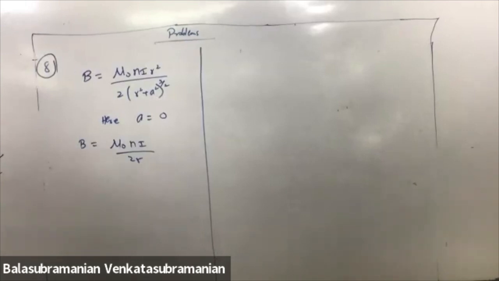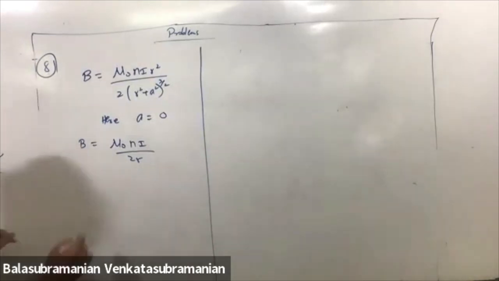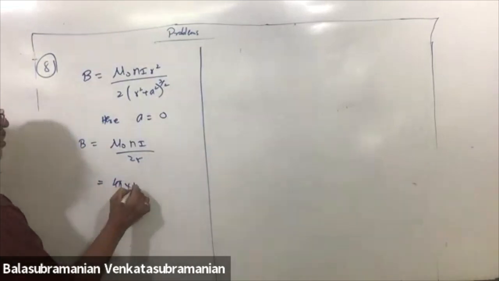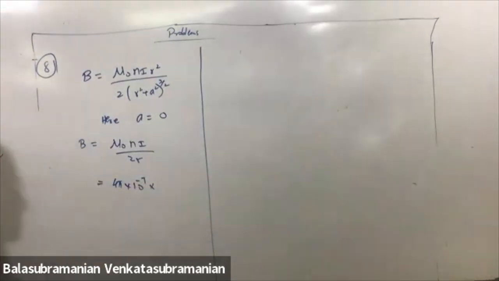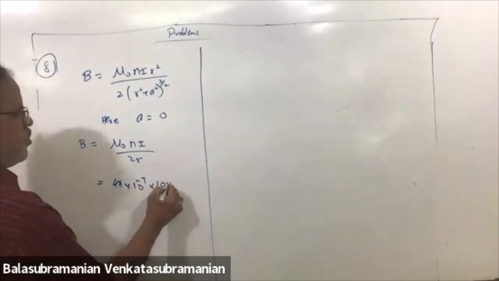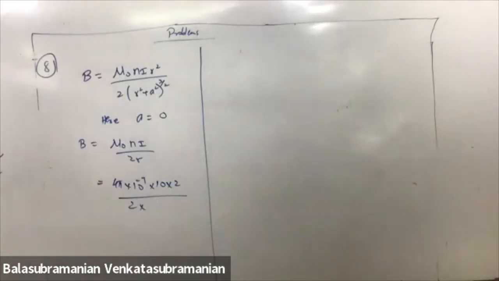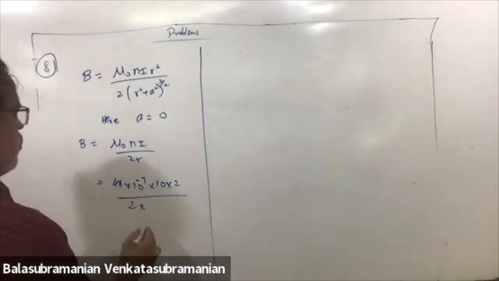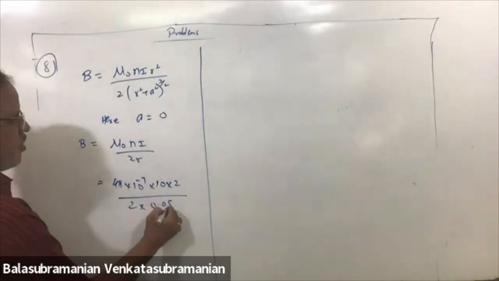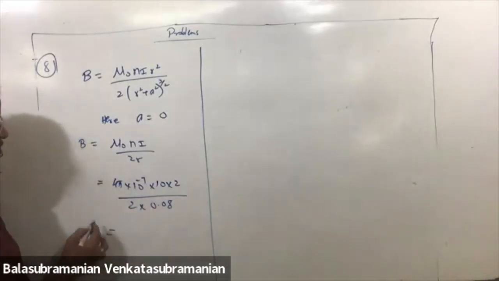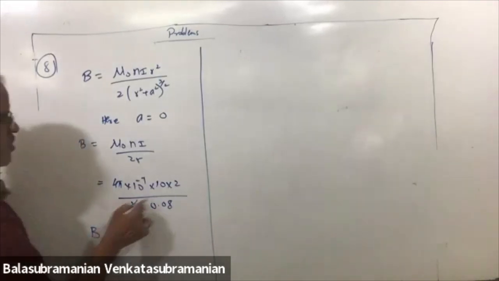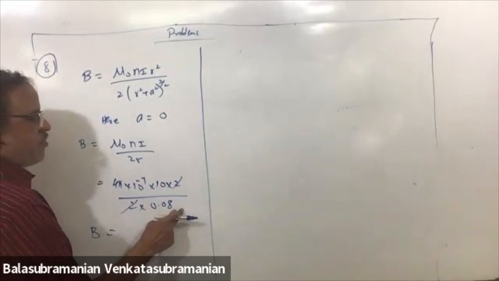Current is 2 ampere, number of turns 10, radius is 8 centimeter. 4 pi into 10 power minus 7 into number of turns 10, 2 ampere by 2 into 0.08 meter. 2 cancels. 8 into 10 power minus 2.